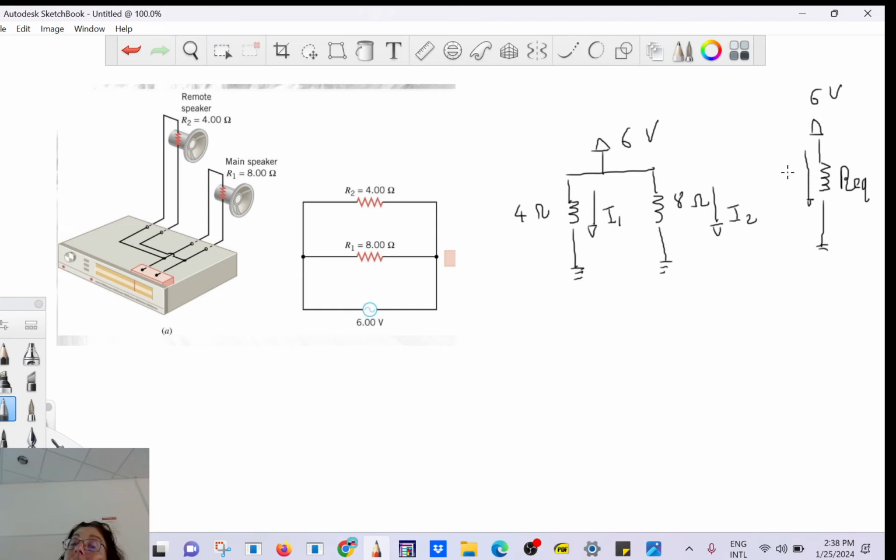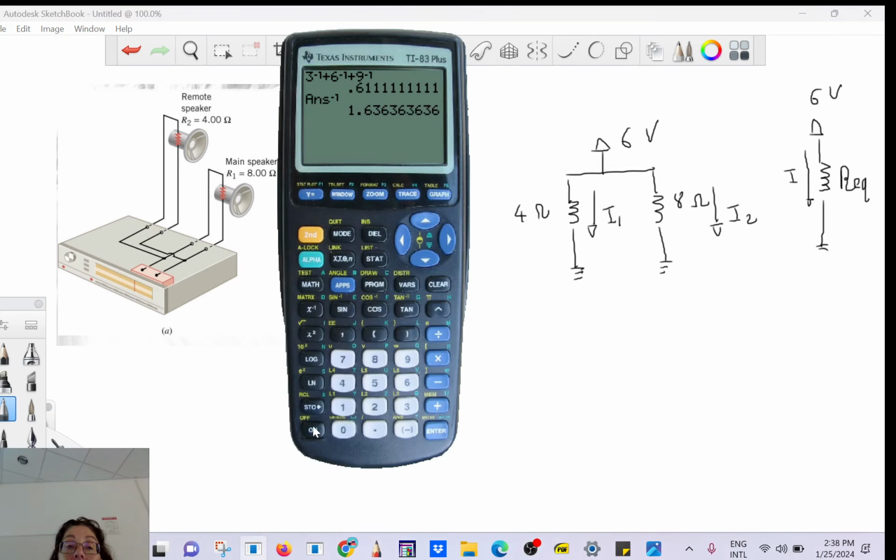And that will be the current drained by the power supply. Okay, so you take your calculator and we do the same. You do 4 to the minus 1 plus 6 to the minus 1. Enter, that's going to be 2.4. No, I made a mistake, right?